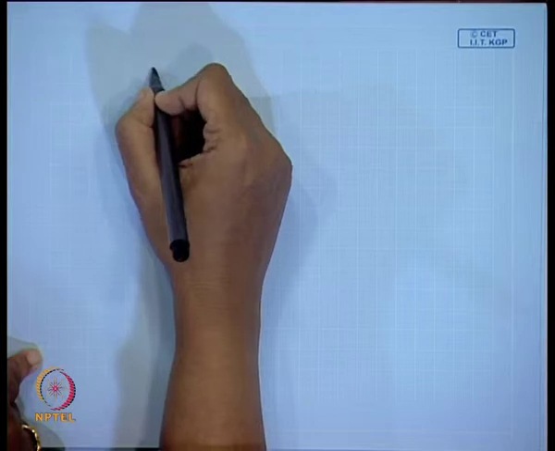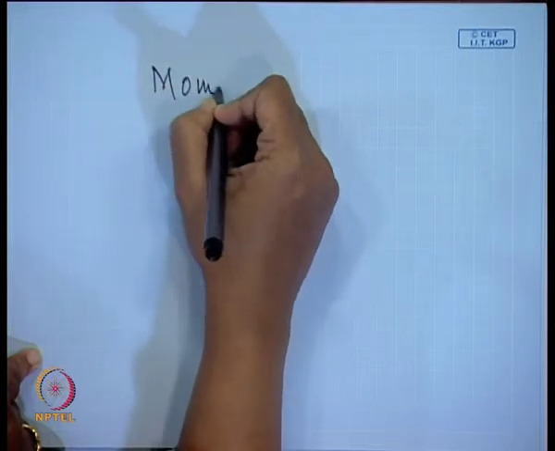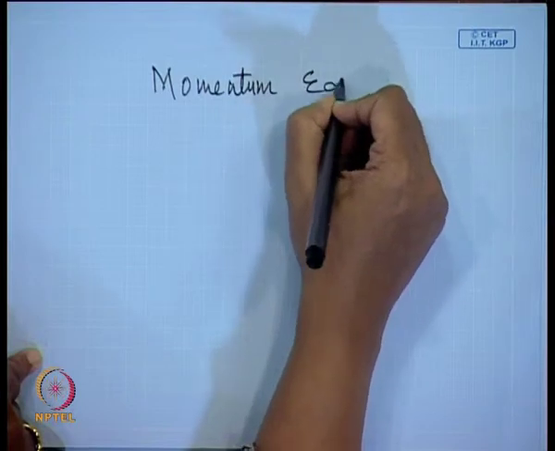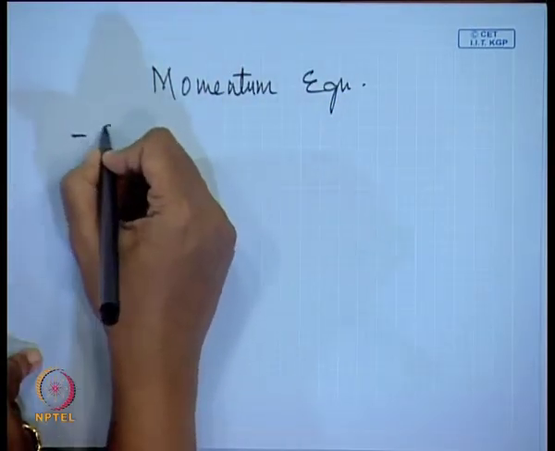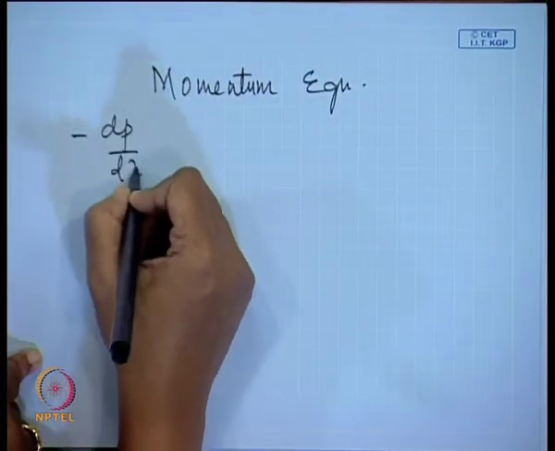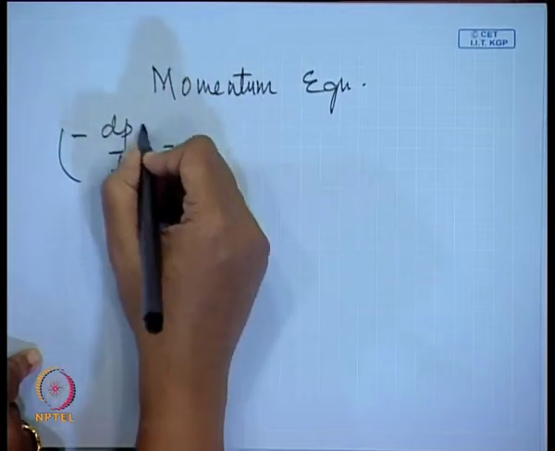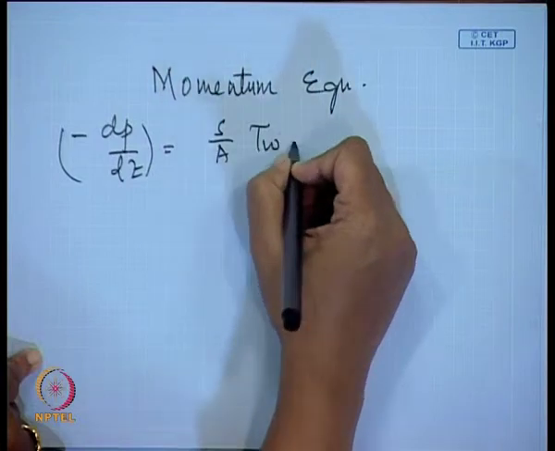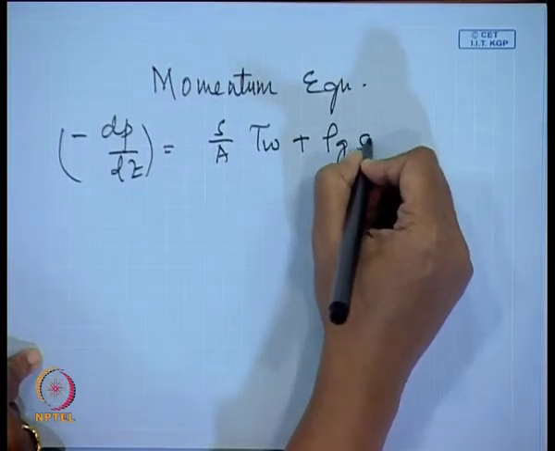Momentum equation, if you remember, in the last class also we had derived it. What was the expression for single phase flows? It was minus dP dz equal to S by A tau, the wall shear stress.